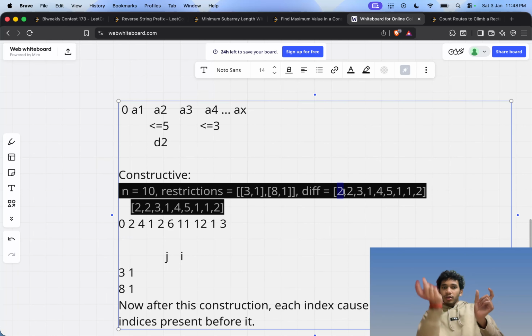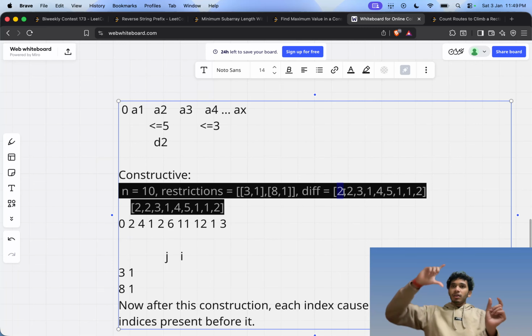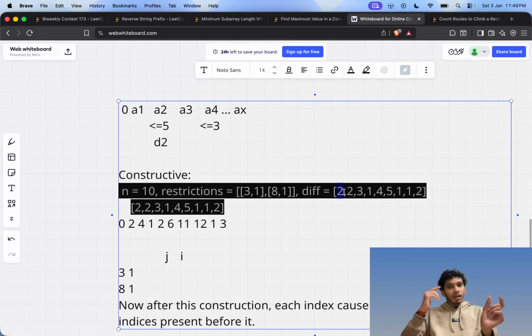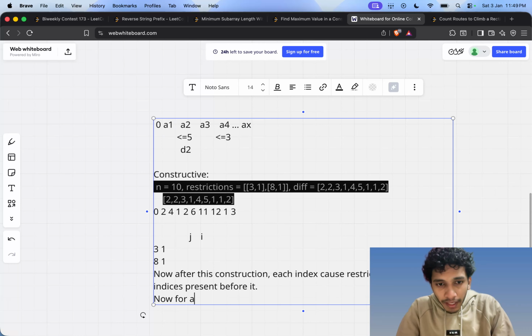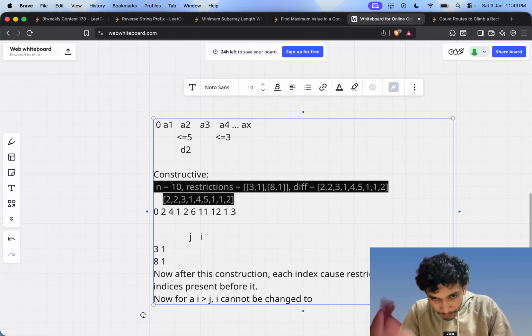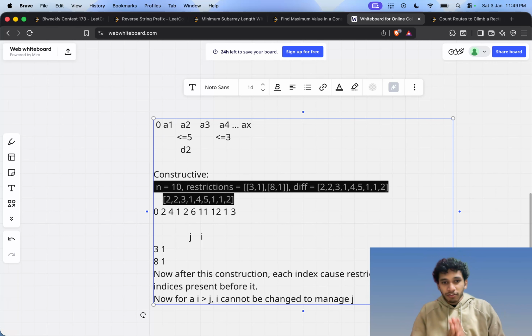All right. Now, if this one is more restrictive, that is, this said that your range can be between here to here, but this one came out to a condition where it is smaller than that range. Okay, so this can never be changed now. This cannot be increased. Now, for a i greater than j, i cannot be changed to manage j because we have already tried it earlier.